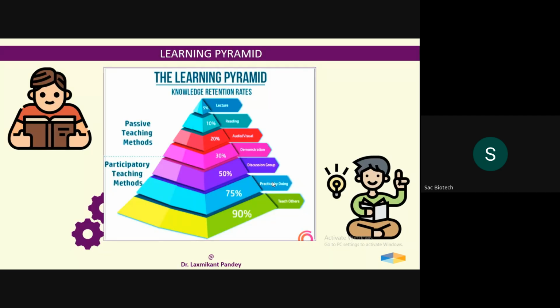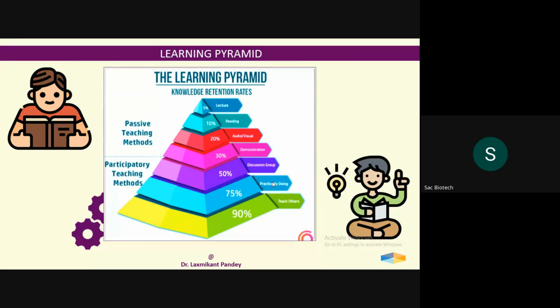Now, one more thing I wanted to mention here: the learning pyramid. As you can see in this pyramid, as I said, there are two types of learners: passive learners and active learners. Passive learners just go through whatever information you give and mug up all those things.